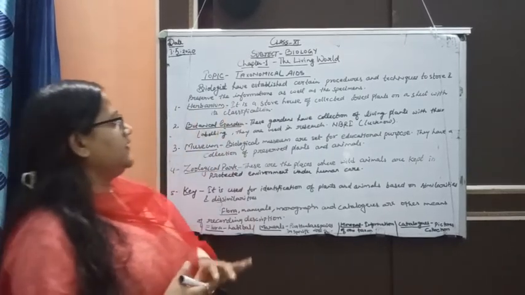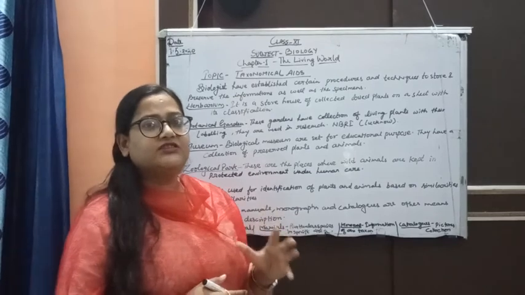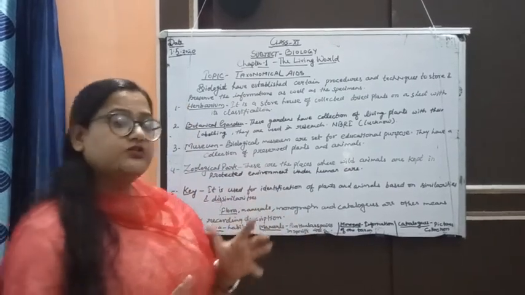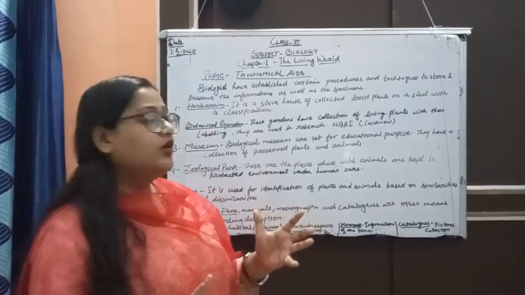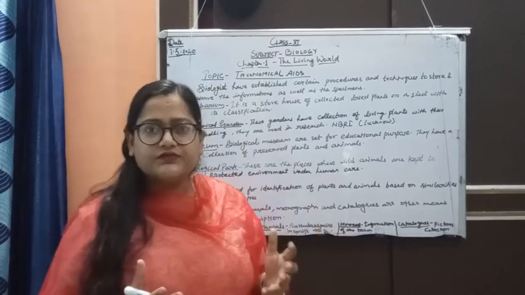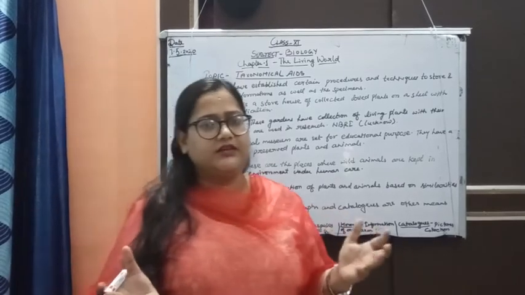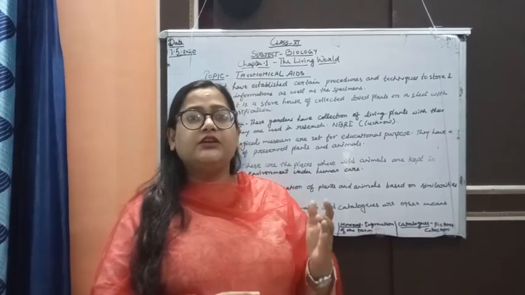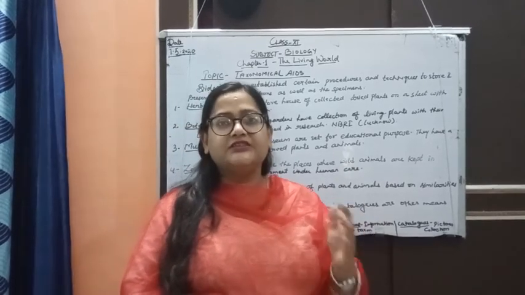Biologists have established certain procedures and techniques to store, or preserve, the information of all the specimens. There is a large diversity of living things on our earth, so we need to study the characteristics of each and every one.